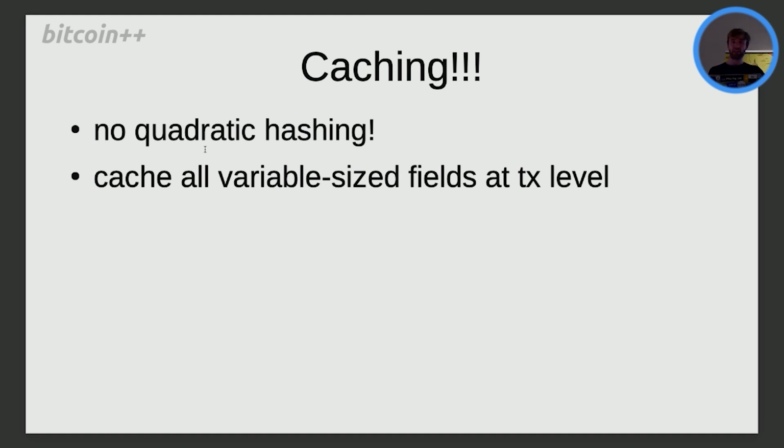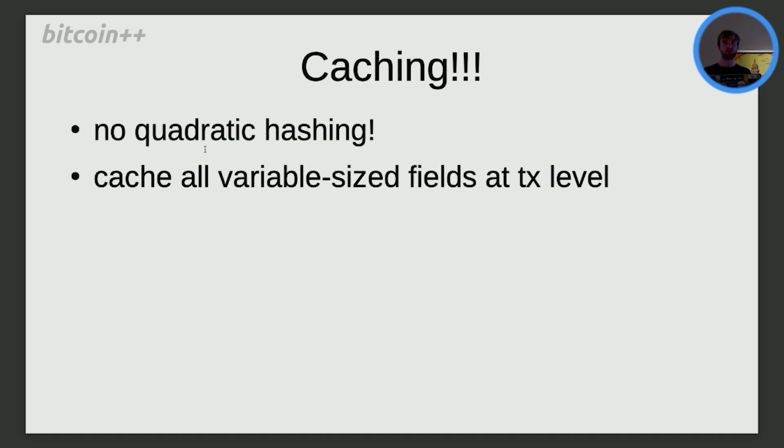First of all, we're going to cache all the variable-sized fields. That's kind of similar to what the SIGHASH does. So all the fields that can be of any size, we're going to hash them at most once, which means that if someone tried to exploit this and get the same fields multiple times in a row, all the variable-sized fields will always be just 32 bytes because they're already hashed. And it means that for every transaction, you're going to hash those at most once. That's amortized, that's how the SIGHASH also does it.